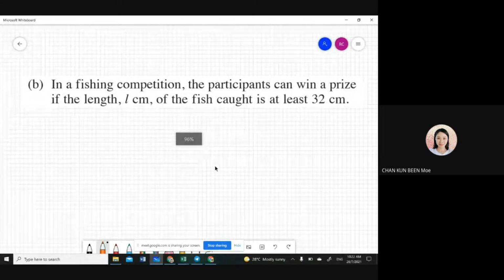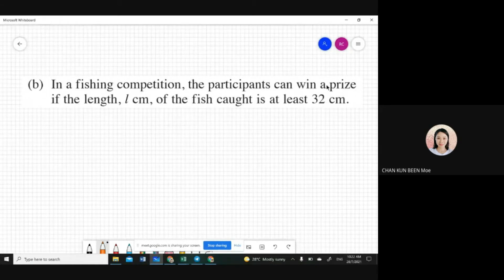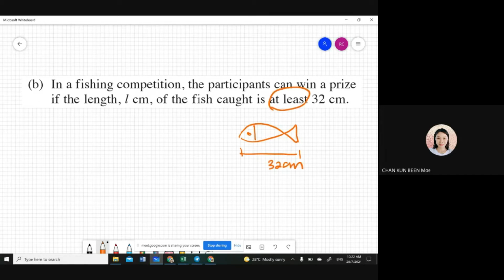In a fishing competition, the participant can win a prize if the length, L centimeter, of the fish caught is at least 32 centimeter. From the words at least, what symbol do you use?